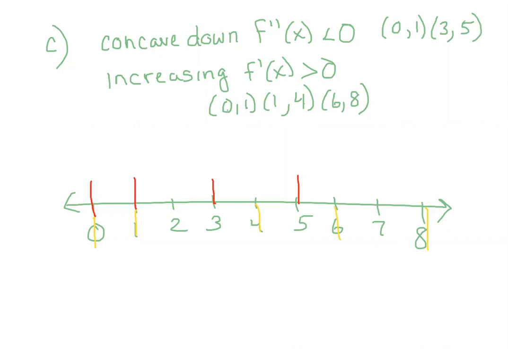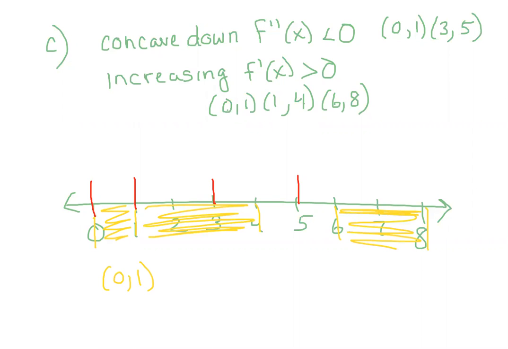They overlap from 0 to 1, and oh, I should go like this, from here, and here, and here. So where do they overlap? From 0 to 1 and 3 to 4. That's where they overlap. So that's where it is both concave down and increasing. Those two intervals right there.